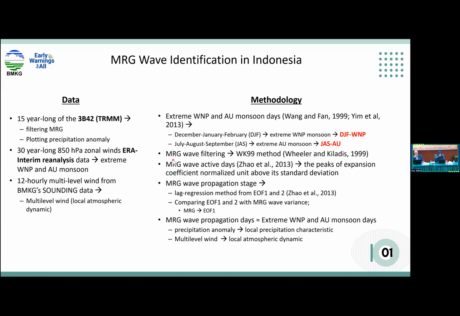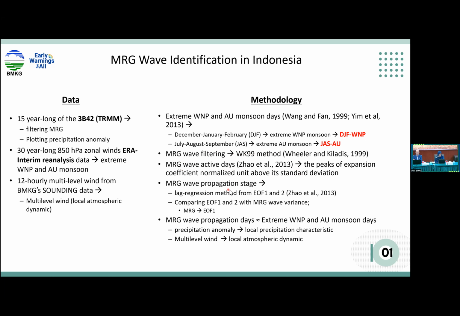For filtering the mixed Rossby-Gravity wave, we use the Wheeler-Kiladis method in the frequency and wavenumber domain using a dispersion diagram. For MRG wave active days, we use the method from Zhao et al. 2013. We identify the peaks of the expansion coefficient, normalized, above its standard deviation to determine the active days of the MRG wave.